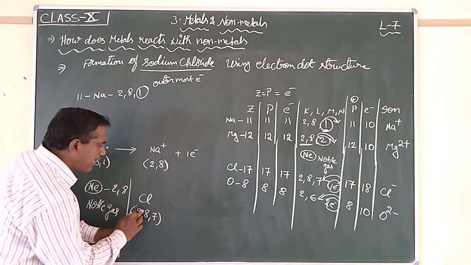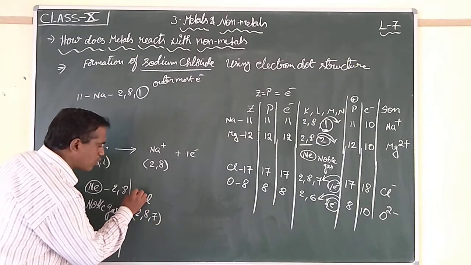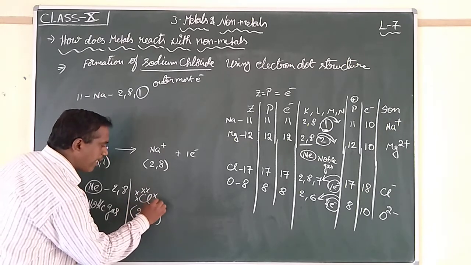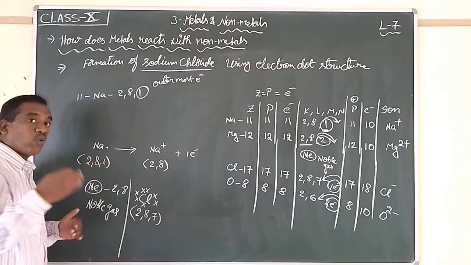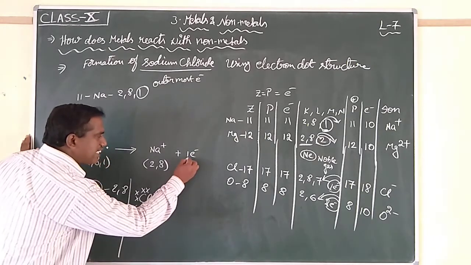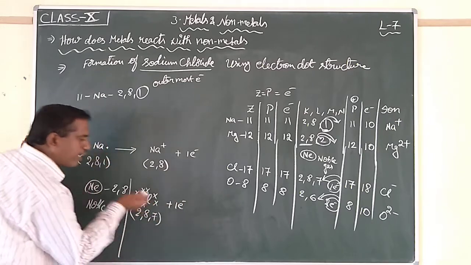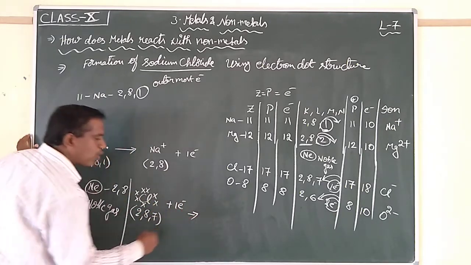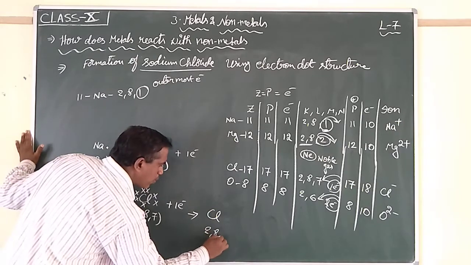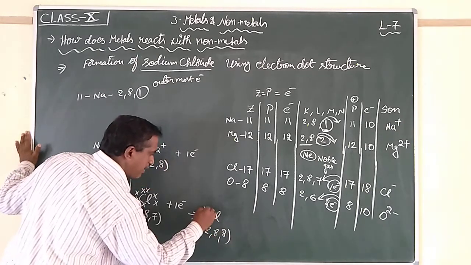How many electrons are there in its outermost shell? 1, 2, 3, 4, 5, 6 and 7. Chlorine has 7 outermost electrons. So the electron lost by sodium will be gained by chlorine to become 2, 8, 8.